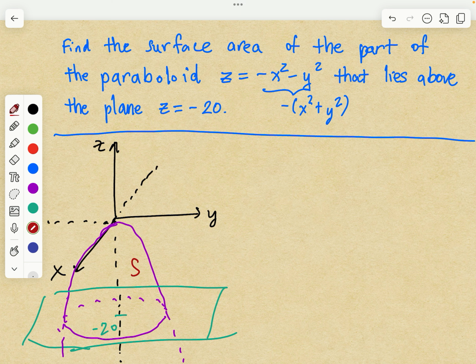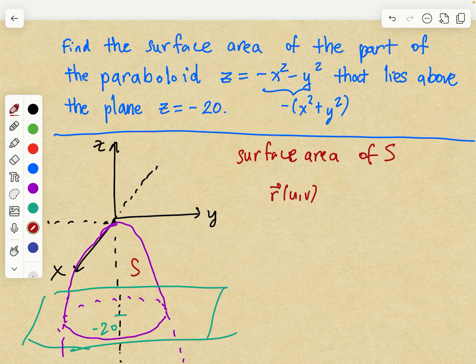So remember, the surface area of S, we need the formula for this. What you have to do is start with the parameterization r of u, v, a parameterization from a region in R2. Okay.